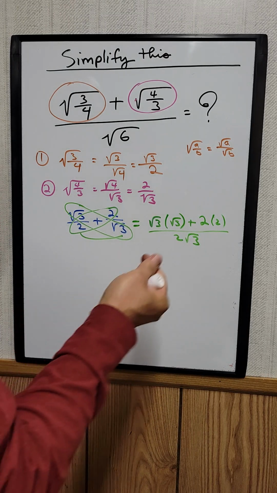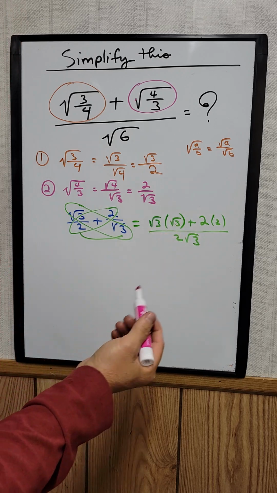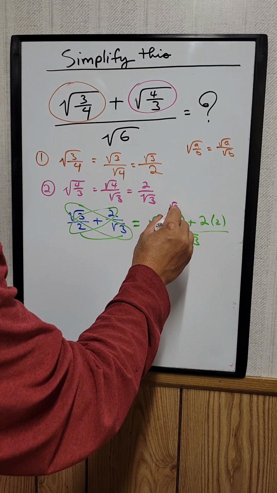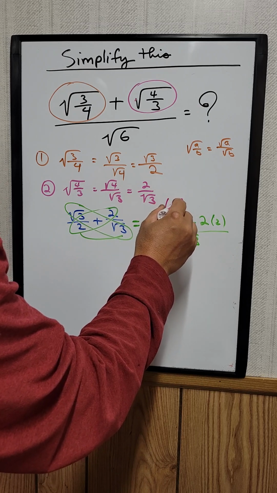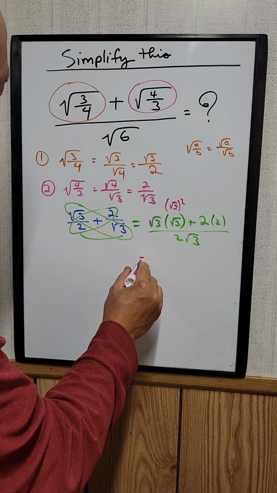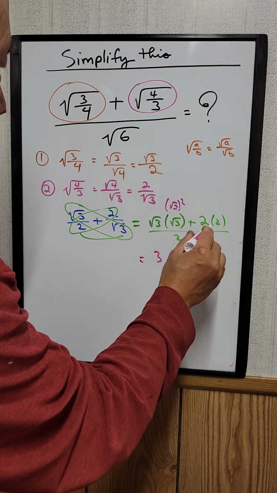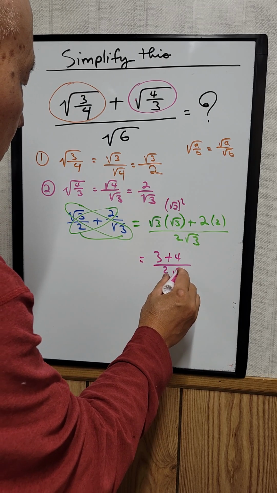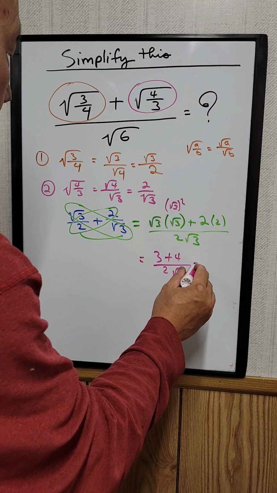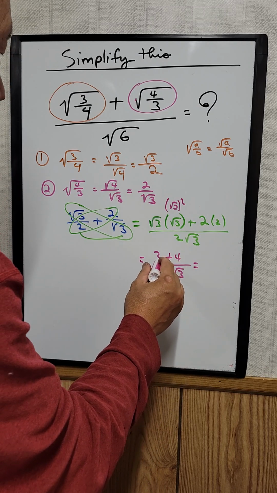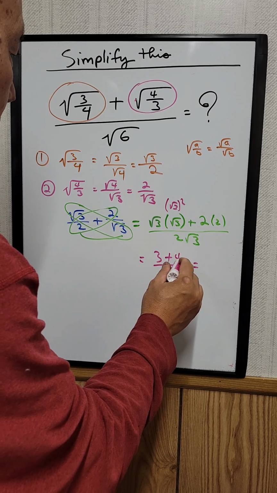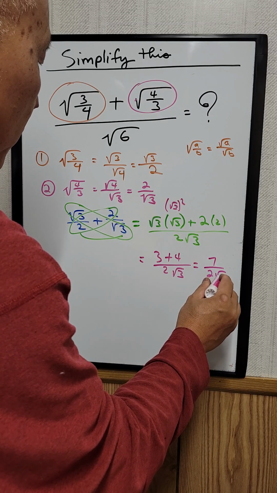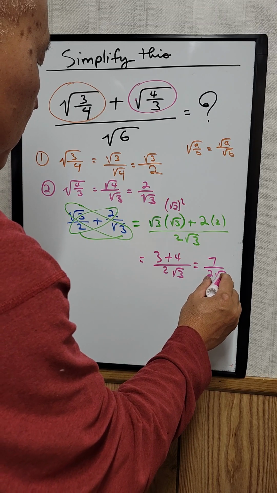The square root of 3 times the square root of 3 takes care of the roots, so all you have left is 3. 2 times 2 is 4, so divided by 2 times the square root of 3.